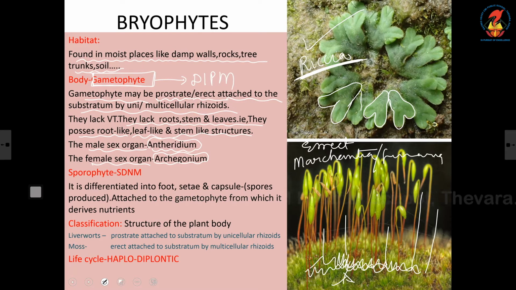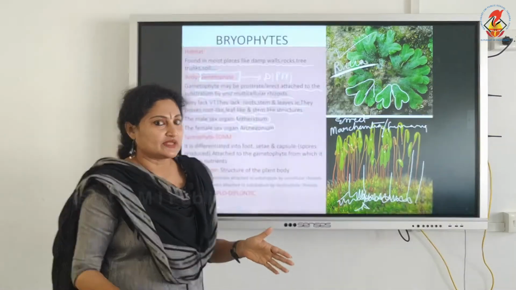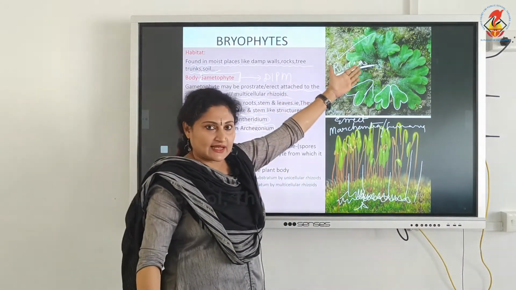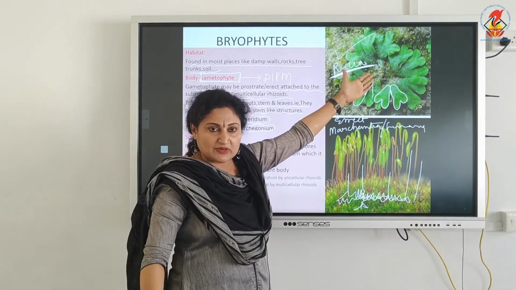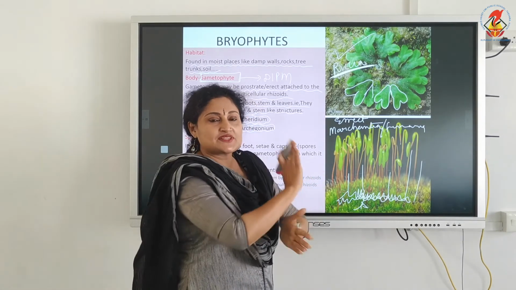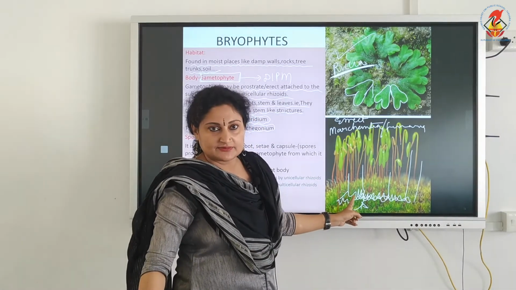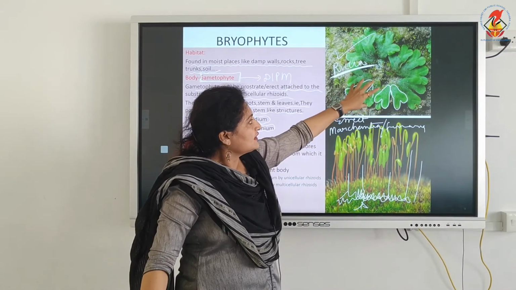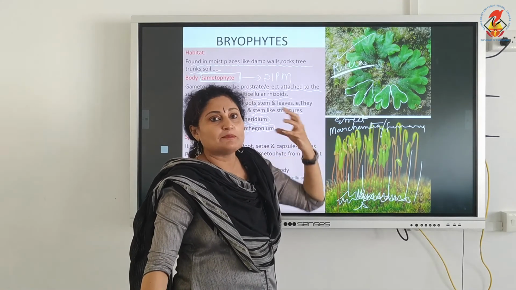So once again I am going to describe the gametophyte, which is representing the real plant body. The gametophyte can be like this or like this. So what is this? Prostrate. What is the meaning of prostrate? Dorsoventrally thalloid, appressed to the wall or rock or substratum, or it can be erect. Whether it is prostrate or erect, it should be attached to the substratum with the help of rhizoids.